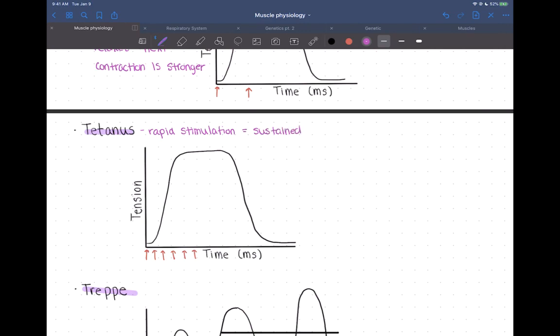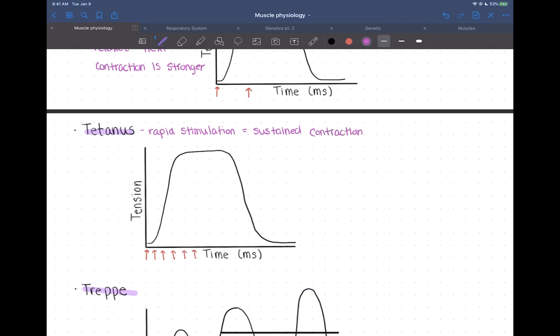Somebody who is suffering from tetanus, like you can get from a rusty nail, what happens is your muscles become overly stimulated. You keep activating those receptors and the muscles just basically spasm. So this would be sustained contraction, and muscles would lock up in that case.